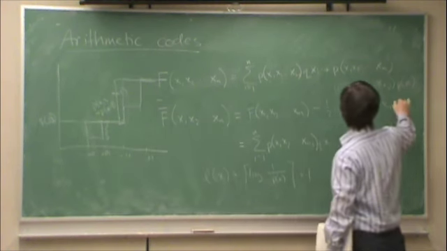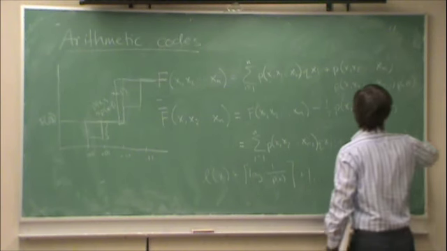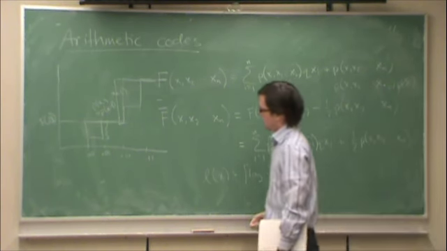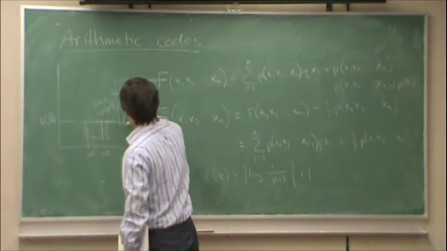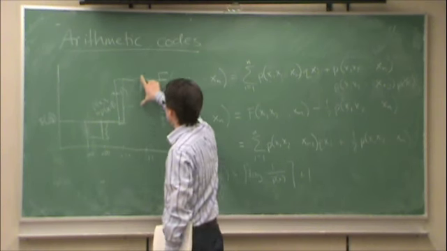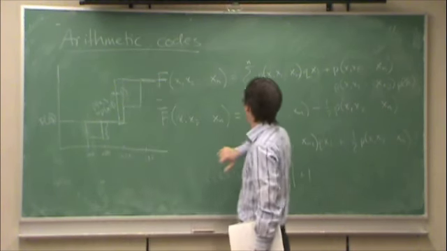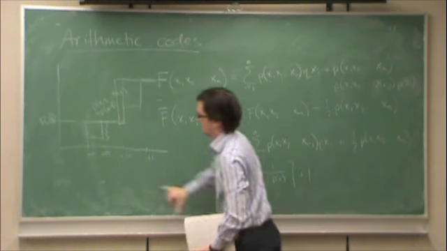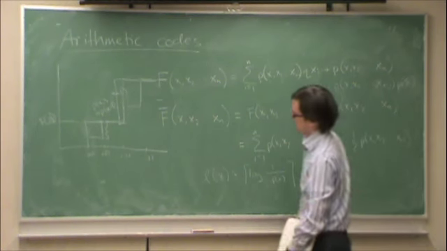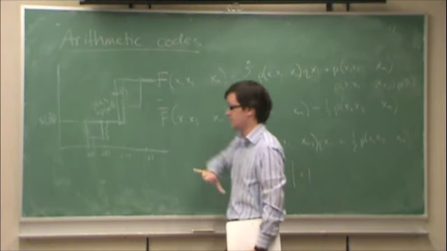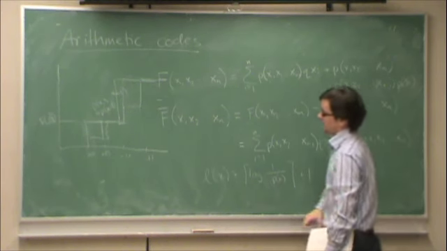And to that, we multiply p of xn. So we take the fraction of this that's represented by the second part. So here it's 0, and here it's 1. So basically we have a base here, and we add to that a scale factor to represent the length of this interval times the actual probability.